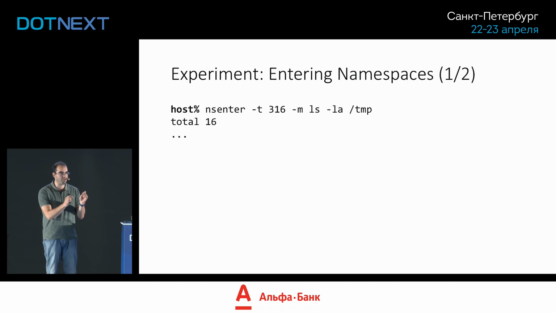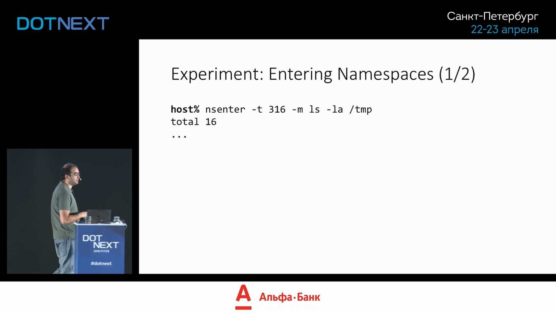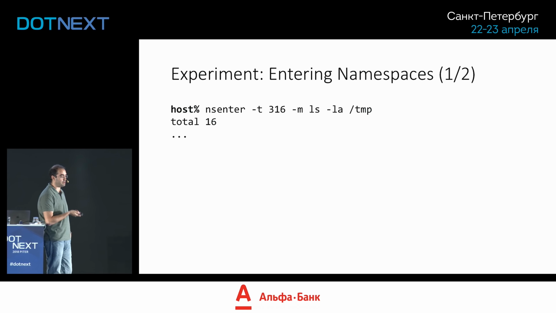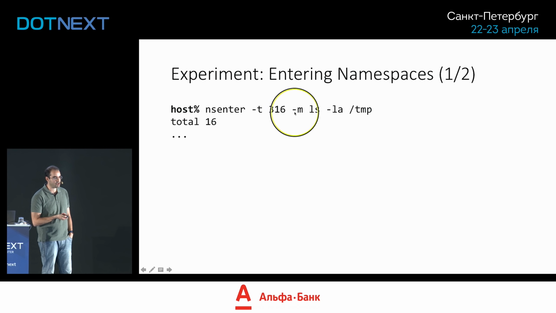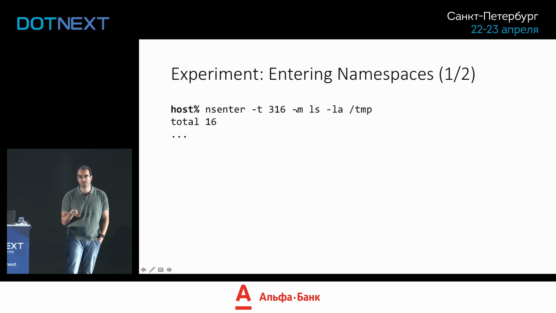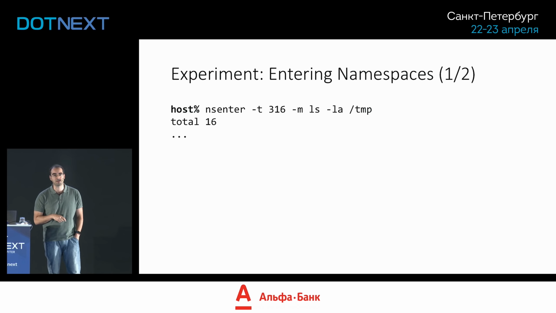There's some details with forking and having the child unshare itself. There's some stuff to be done here, but generally, nsenter will enter a namespace and then run a command. And you can tell nsenter which namespaces. So for example, -m here stands for mount. You can say which namespaces to enter and which to share with the host.